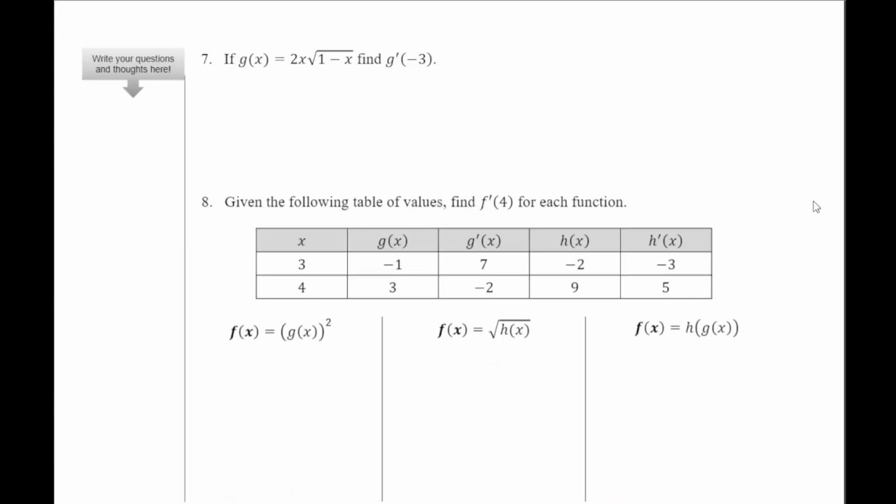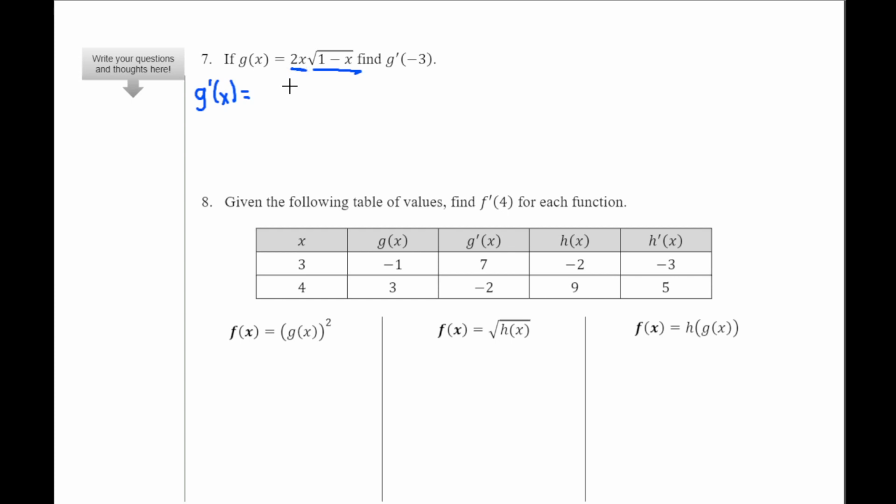So next page here. If g of x is equal to 2x times root 1 minus x, find g prime of negative 3. So before we can find g prime of negative 3, let's first find g prime of x. G prime of x is equal to, well, here you have to utilize the product rule. You see it's a 2x times this.